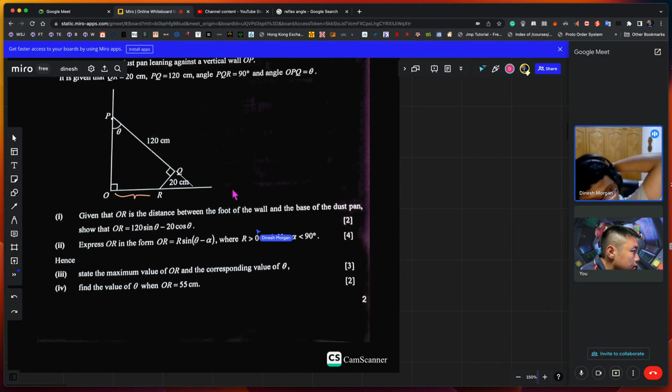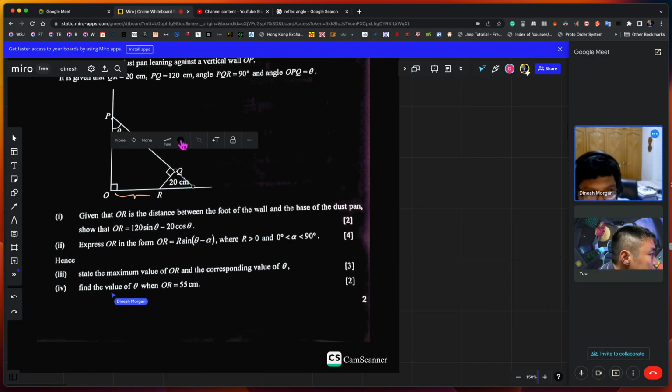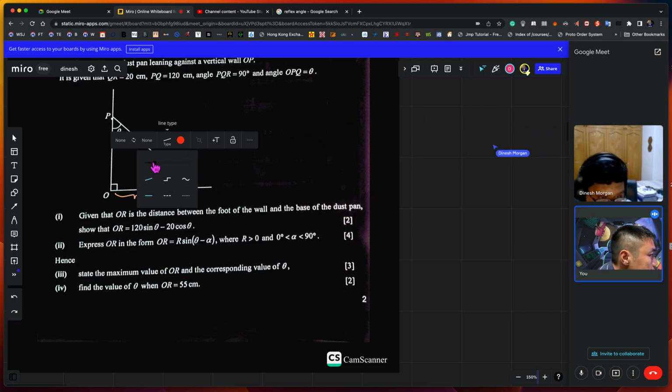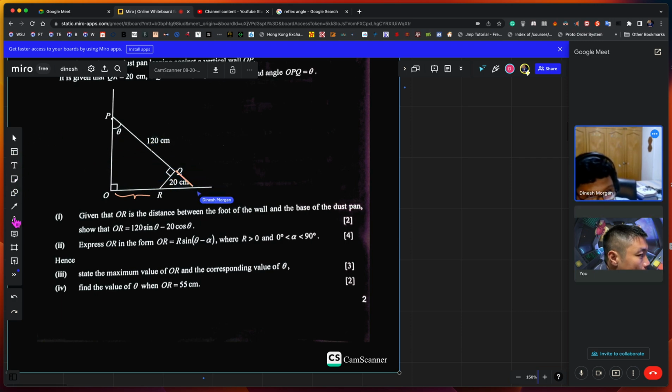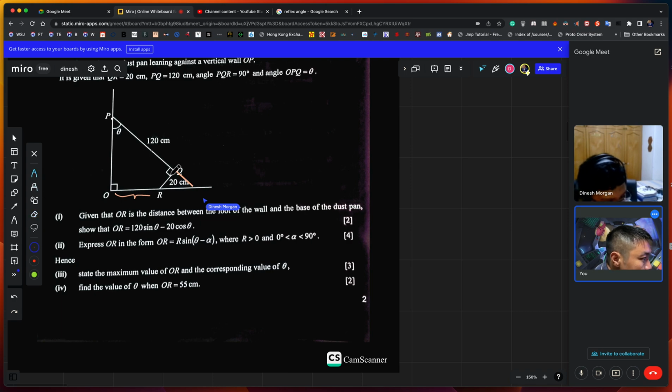So I add the red line here and make it thicker. Why does it help? It makes a big triangle. So this is 120, and this is 20.